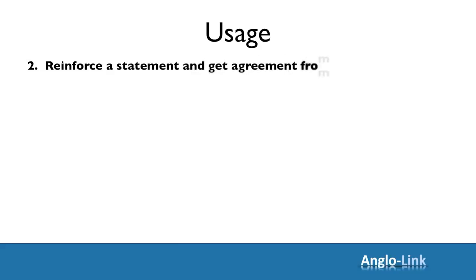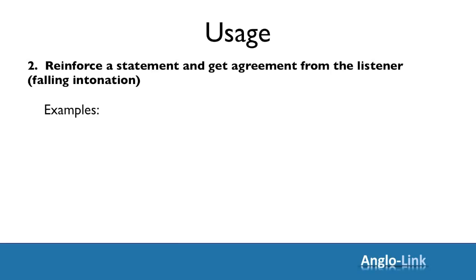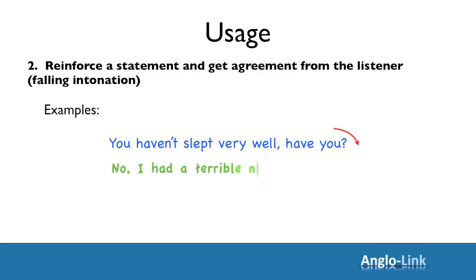Now, the second usage of a question tag is to reinforce a statement you have made and get agreement from your listener. In this case, you need to use a falling intonation. Let's look at some examples. You haven't slept very well, have you? No, I had a terrible night last night.